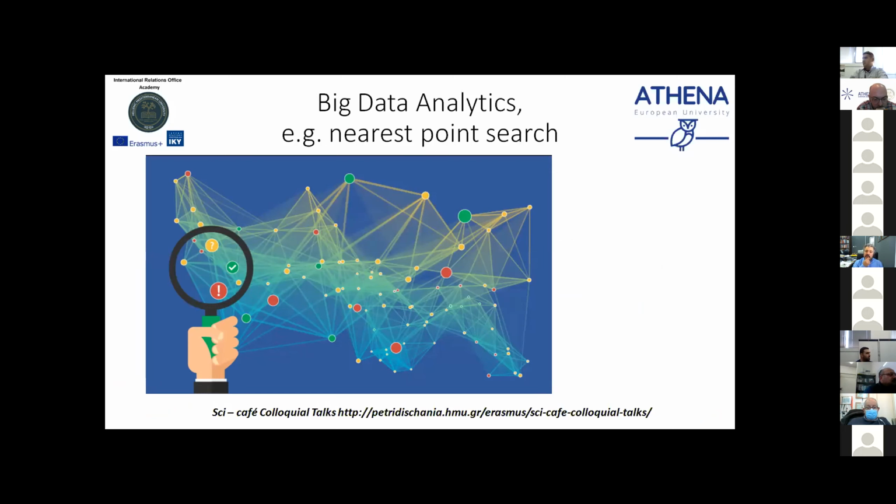Another issue I would like to mention here is the so-called big data analytics. Simply speaking, finding the nearest point in a big database. If we're doing a Google search, we give some words or some phrases, and then the machine tries to find the relevant web pages from a very big database in the computer.